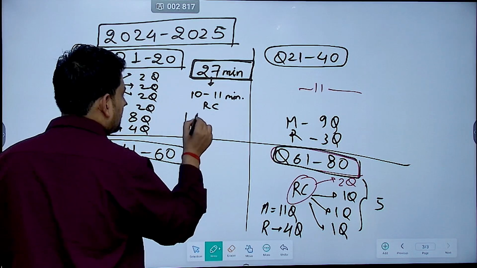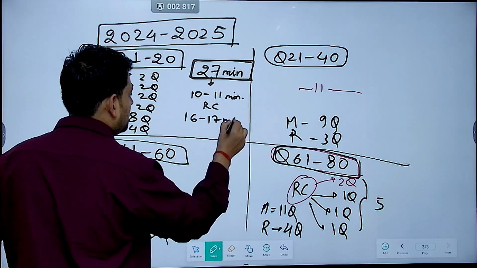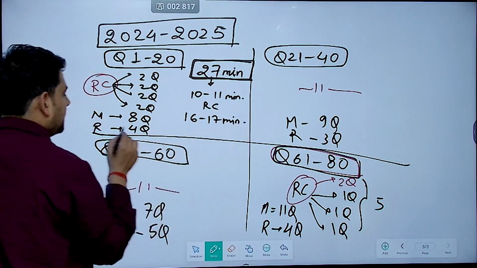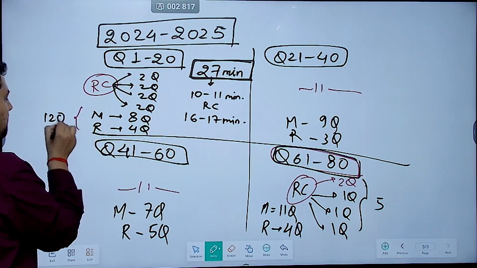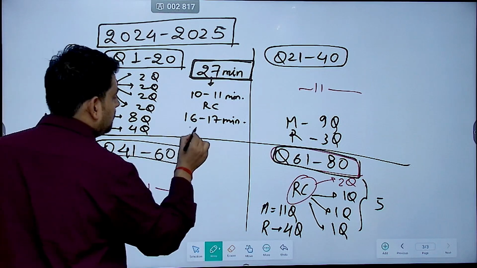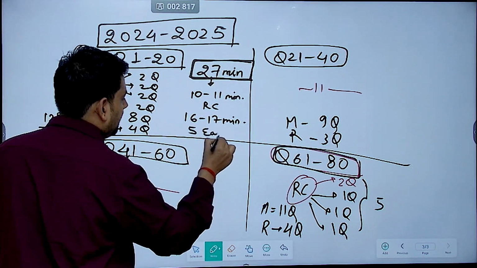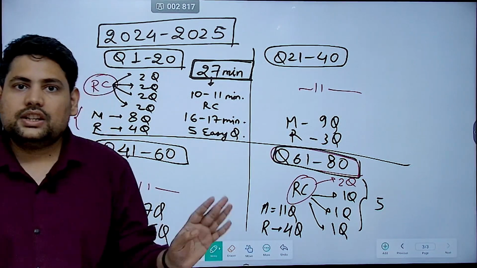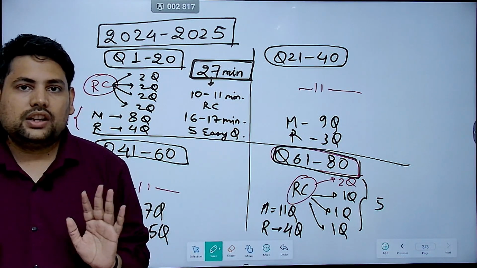Then you are left with 16-17 minutes. In this, how many questions are there? Approximately 12 questions from mathematics and reasoning. You need to do only 5 easy questions. You don't need to leave anything, you don't need to read every question.